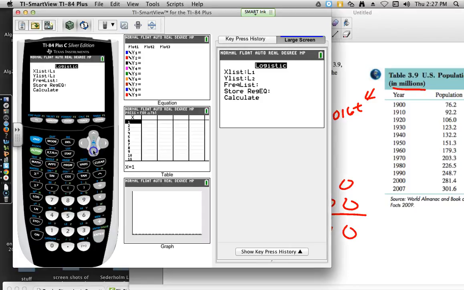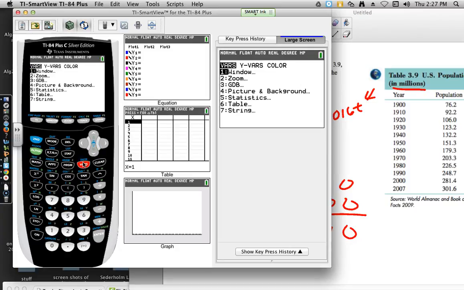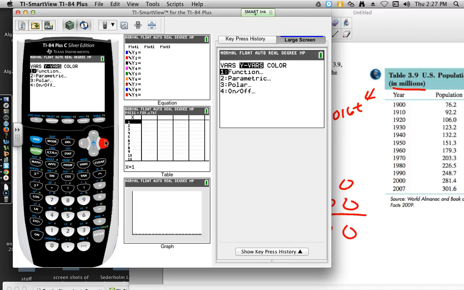I'm going to go ahead and store this in the Y variable. So variables, number 1, you have to arrow over to Y variables, and number 1 again, and then have it calculated.